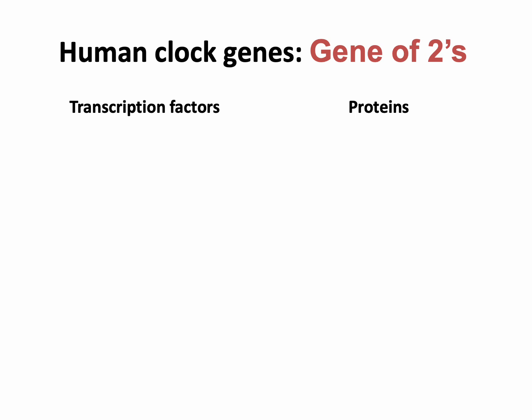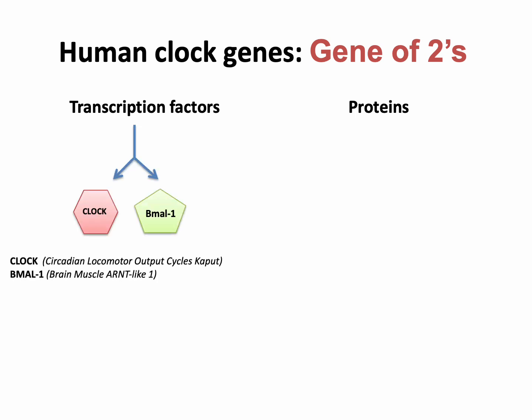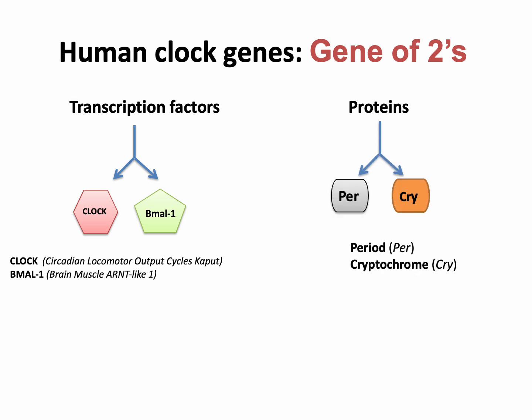For simplicity, just remember clock genes are genes of twos. There are two transcription factors, namely CLOCK and BMAL1. The long names of CLOCK and BMAL are there, but that's not the most important. There are also two transcribed proteins, namely PER and CRY.